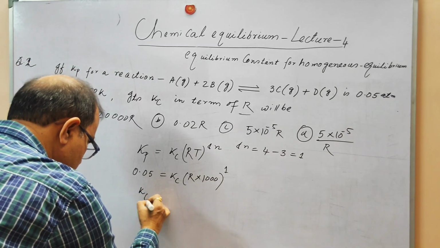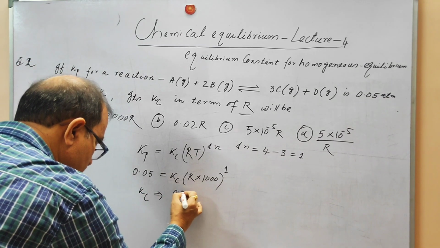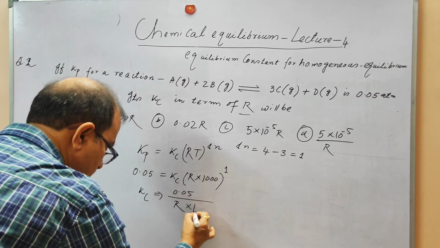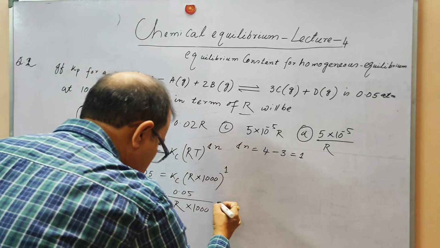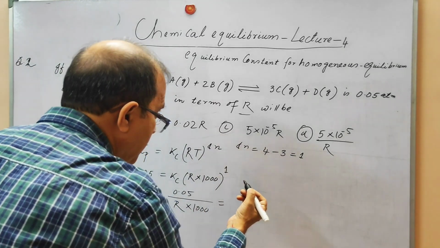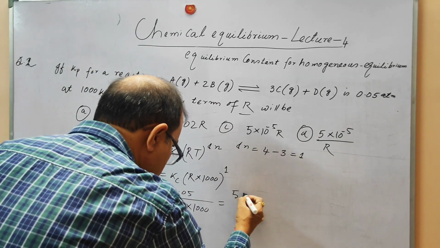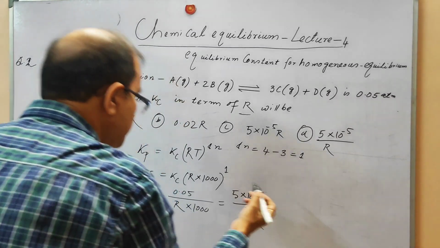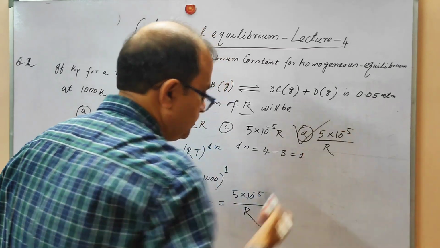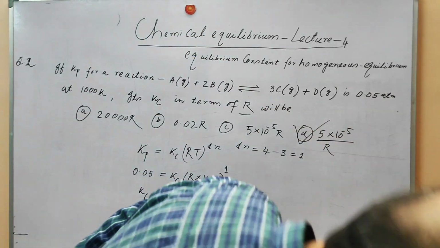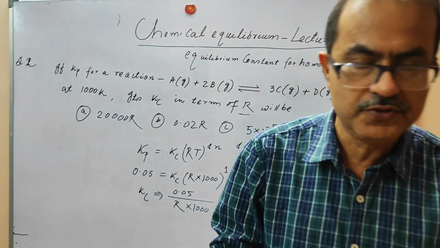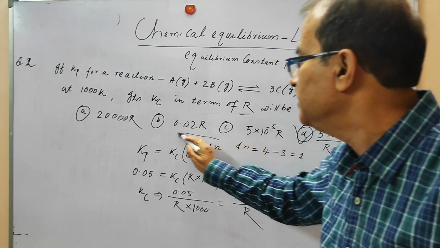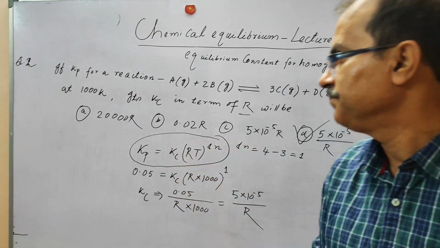So Kc is equal to 0.05 by R into 1000, which comes to around 5 into 10 to the power minus 5 by R. And this will be the answer. In this way, a lot of questions will come and you have to remember this very important relationship between Kp and Kc.